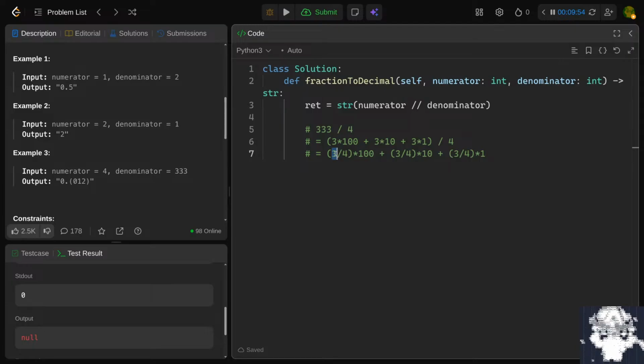So I know that this one will only be a number between 0 and 9, but this one could be a huge number, and I don't have a way to calculate this.